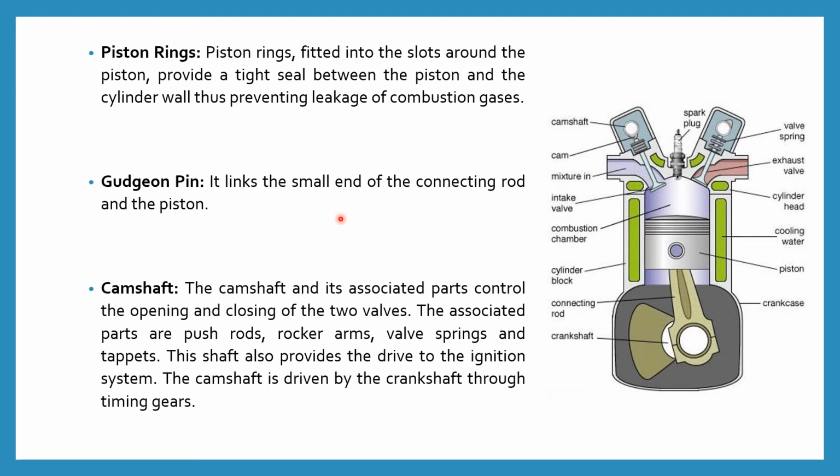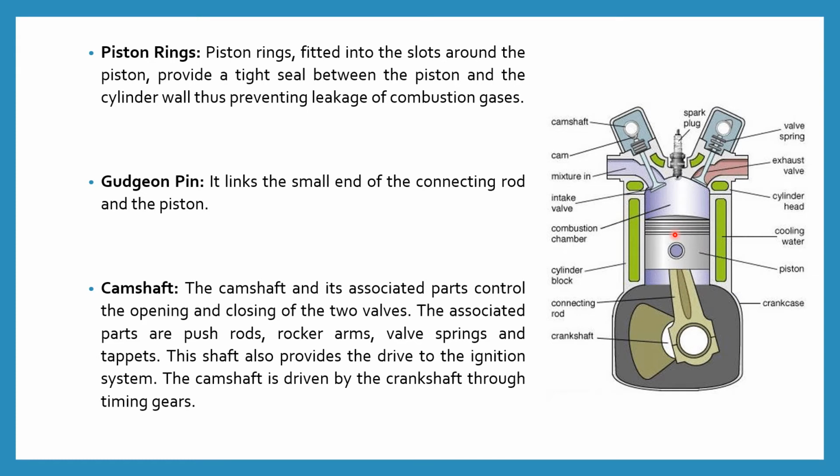The piston pin helps to connect the piston and the connecting rod. Here is the piston pin or the gudgeon pin, which helps to tie this connecting rod small end and the piston.